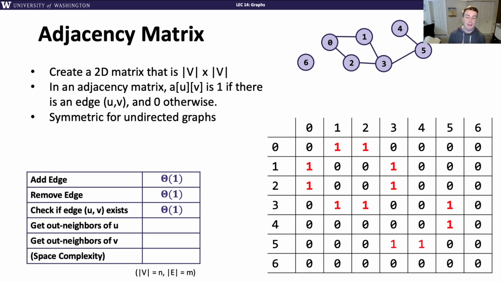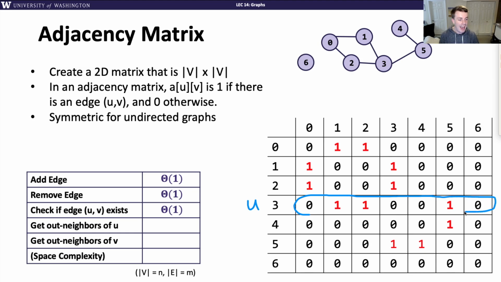So what if you want to figure out what the out neighbors of U are? Again, remember this adjacency matrix can represent an undirected or a directed graph. So it makes sense to ask what are the out neighbors in any context here, like what edges come out of it. Since we have this structure set up to index UV like this, if we want to find all of the out neighbors of U, say U is index 3 for our example, we would just look at row 3.